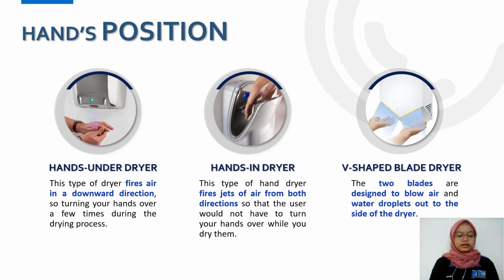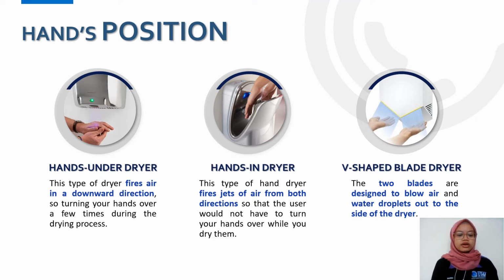Besides that, there is hands position, which is the user's hands position when using the hand dryer. It consists of three positions, which are hands under dryer, hands in dryer, and V-shaped blade dryer.